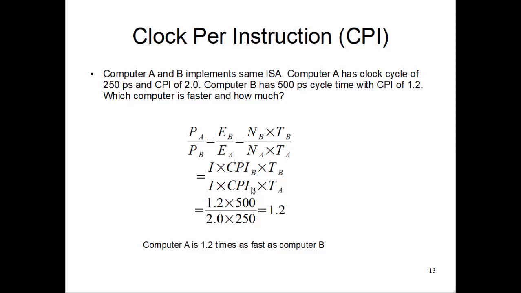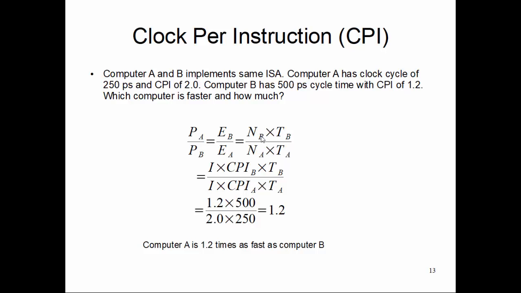We are comparing performance A with performance B, which by definition is execution time on B divided by execution time on A. That means number of cycles for B multiplied by the time period of B, divided by the number of cycles needed in A for the same program, multiplied by the time period of A.